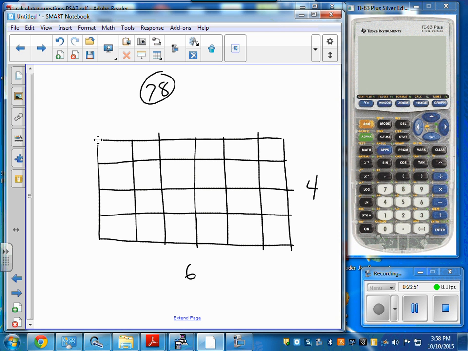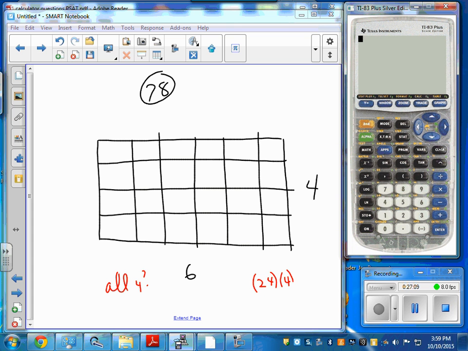Well, let's see. Could they all be 4? No, that wouldn't work. Let's try that. 24 times 4 would require 96 students. We don't have that many.